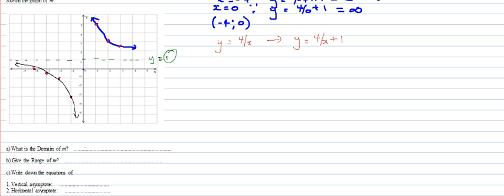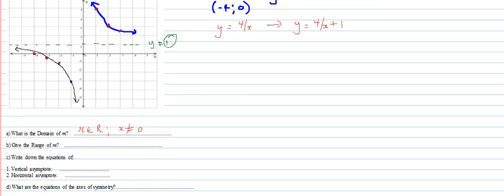What would you say is the domain of the graph of M? We could see that the domain is x an element of real numbers, and x is not equal to 0, because 0 plays no role in us determining and getting a y value.